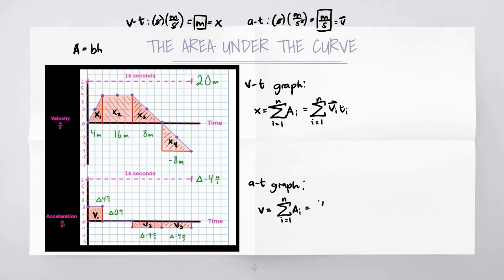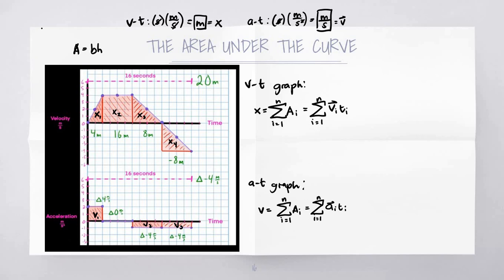And again, the formula for area inside an acceleration time graph will be the product of acceleration and time, where i is equal to 1 up to n. So that is the formula for the total area under the curve for each graph.